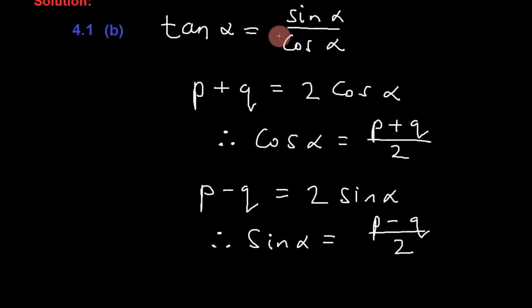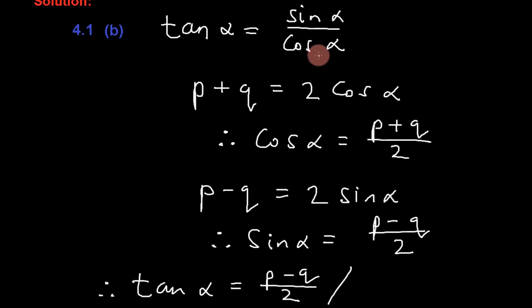Now we can rewrite this fraction. So then the tan of alpha will be the sine of alpha, which is P minus Q over 2, divided by cos alpha, which is P plus Q over 2.